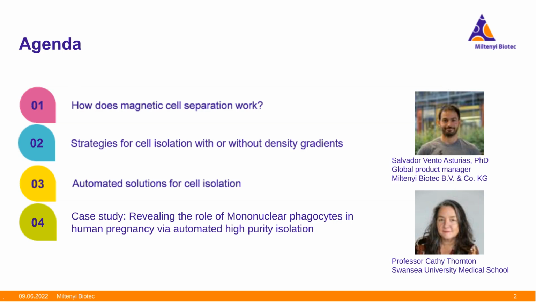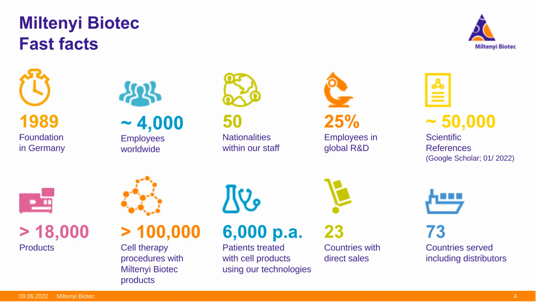So let's start with a quick overview of Miltenyi Biotec. The company was started in 1989 by Stefan Miltenyi. He was the pioneer in cell separation, which is what I'm going to be talking about today. He created these solutions, which have been growing quite a lot since then.